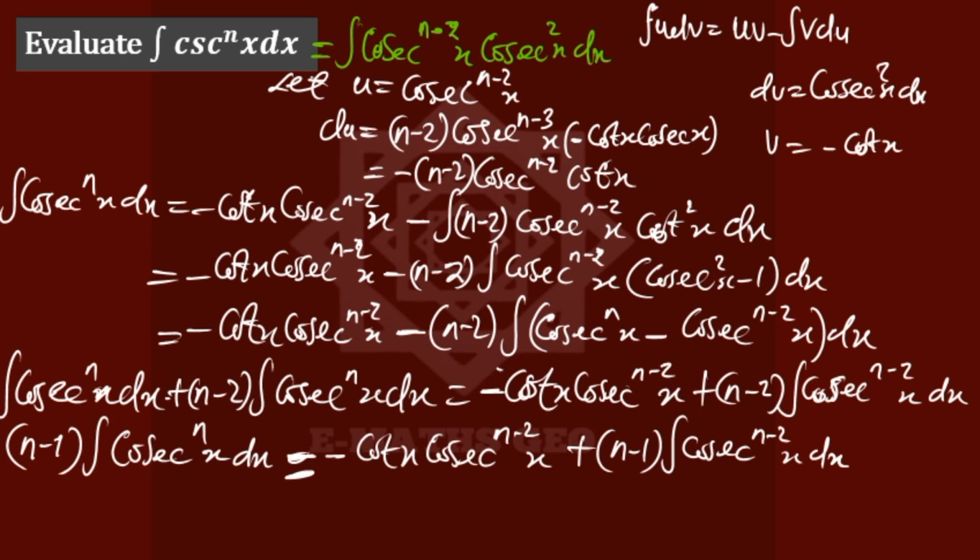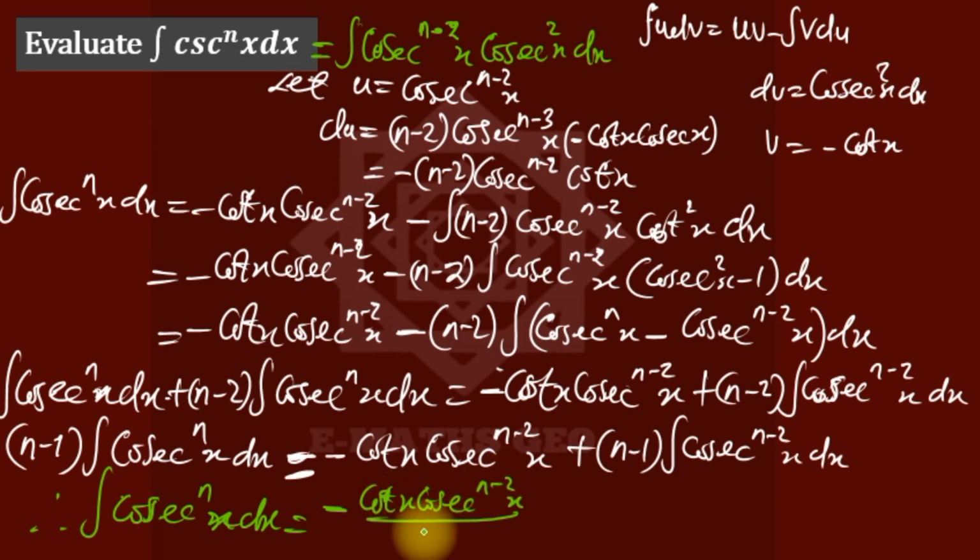We are looking for the integral of cosec x raised to power n, so we'll make it the subject of the formula. Dividing both sides by n minus 1, I have minus cot x cosec x raised to power n minus 2 over n minus 1 plus n minus 2 over n minus 1 times the integral of cosec x raised to power n minus 2 dx, sorry, that was a mistake earlier, it should be n minus 2. This is the formula that we used in solving this.